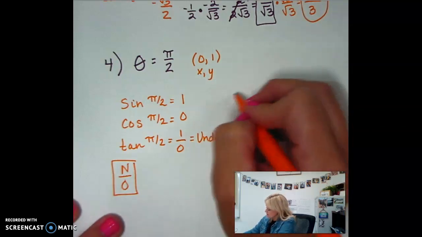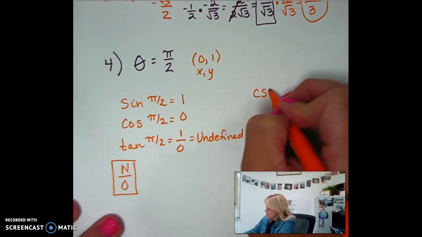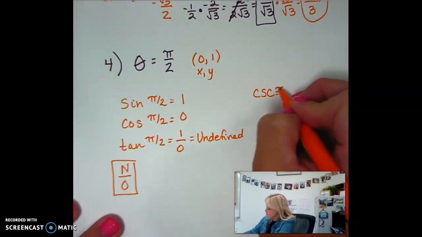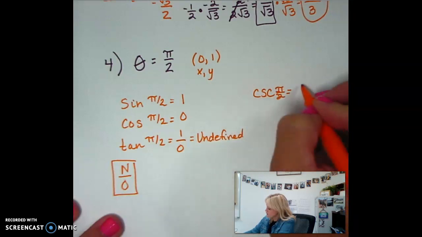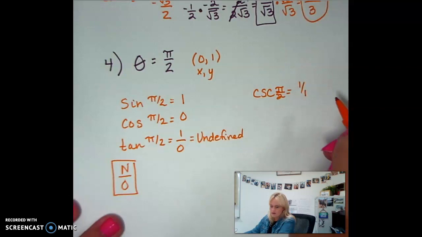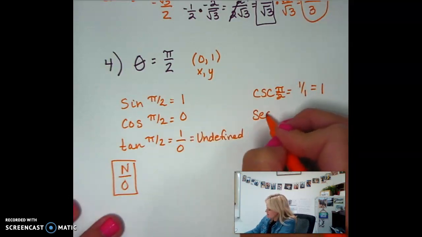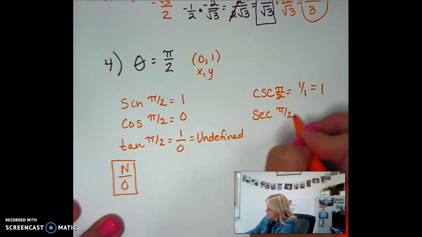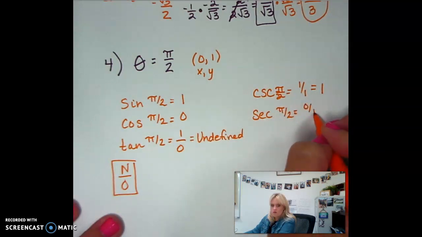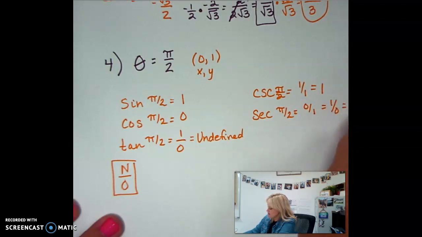All right, the cosecant is the reciprocal of 1. Well, when I flip 1 over 1, it's still 1. The secant is the reciprocal of 0, or 0 over 1. When I flip that, I get 1 over 0, and I'm back to undefined.